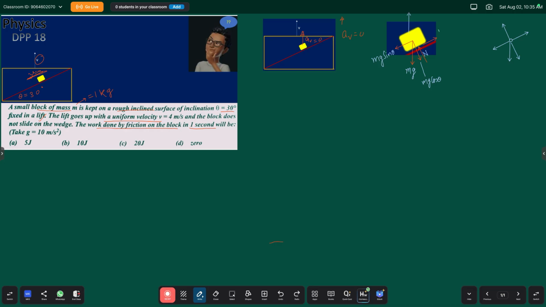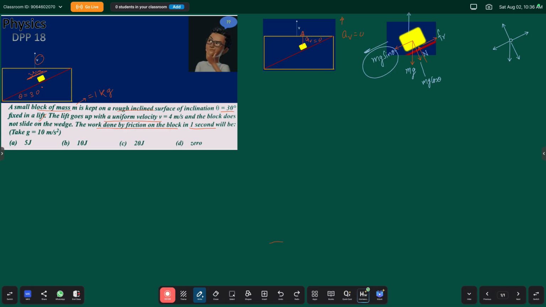The wedge is rough, so friction force is acting in this direction, because in the question it is given that the block is not sliding on the wedge, but it will have a tendency to slide in this direction due to the component of force mg sine theta.